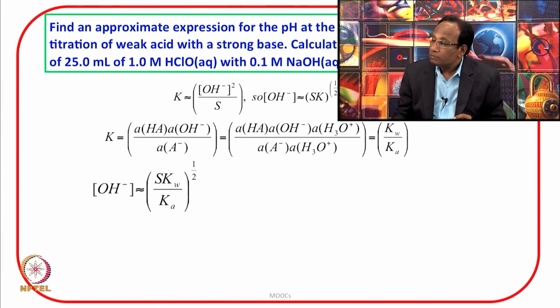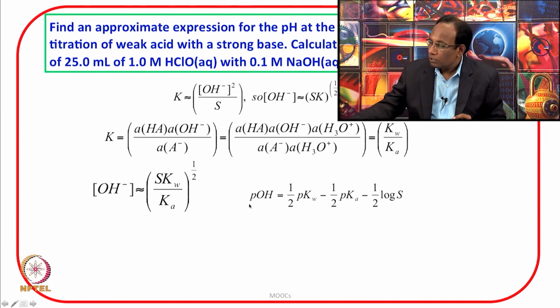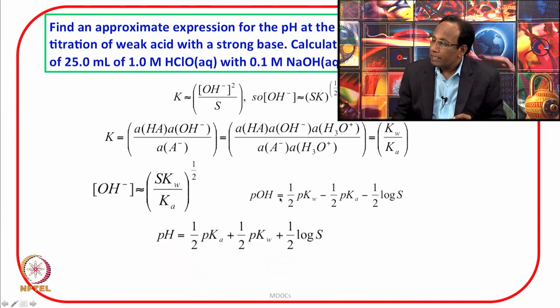From this, if I substitute Kw by Ka for K into this expression, I get expression for OH, and from this I can easily get pOH by taking logarithms, and pH plus pOH is equal to pKw. Therefore, I can express this equation in the form of pH, and this is the expression that we were looking for.